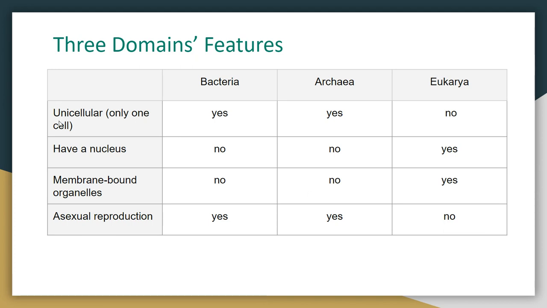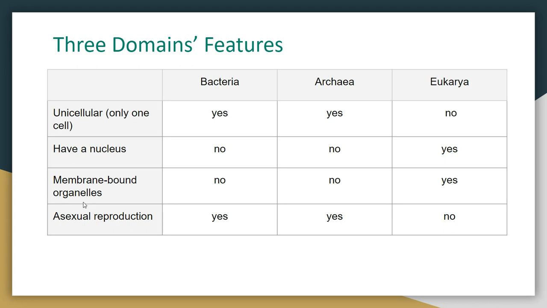Okay? Again, is it unicellular? For bacteria and archaea, yes, they are unicellular, only one cell. Eukarya does not. Does it have a nucleus? These first two do not. They do not have nucleus or nuclei, but the eukarya does, yes. What about membrane-bound organelles?